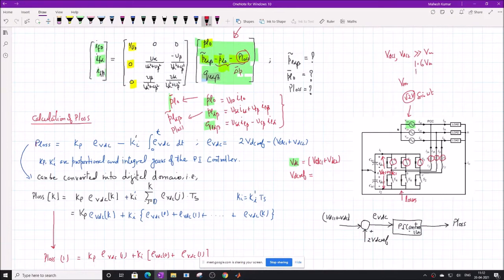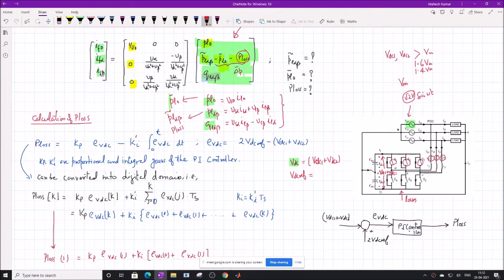It could be 1.4 times of Vm. So it's not good to say far greater, you can say simply greater than Vm is good enough. If we have more value of DC link voltage, it may create more transients in the switching action. So it should not be a very high value, and it should not be a very low value. It should be such as to generate the actual currents close to the reference value without much stress on the switches or without too little driving force to track those currents.